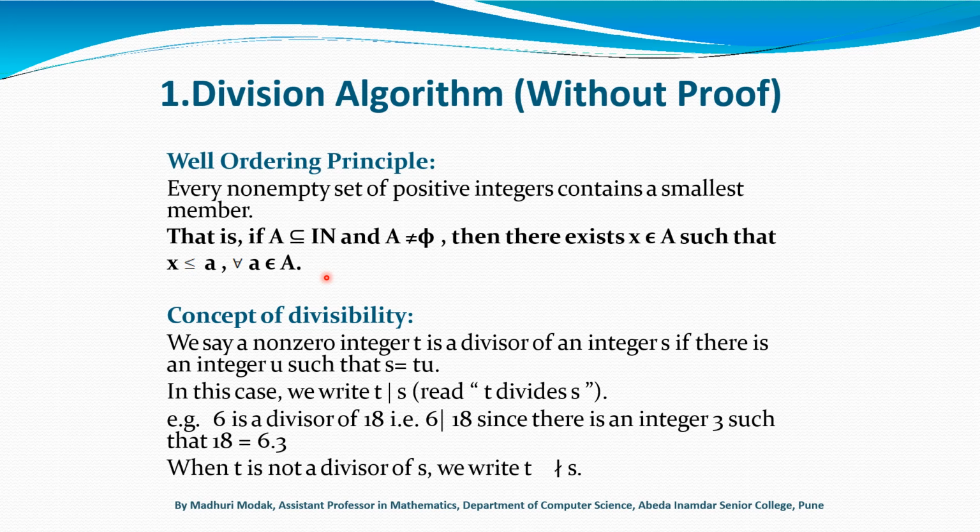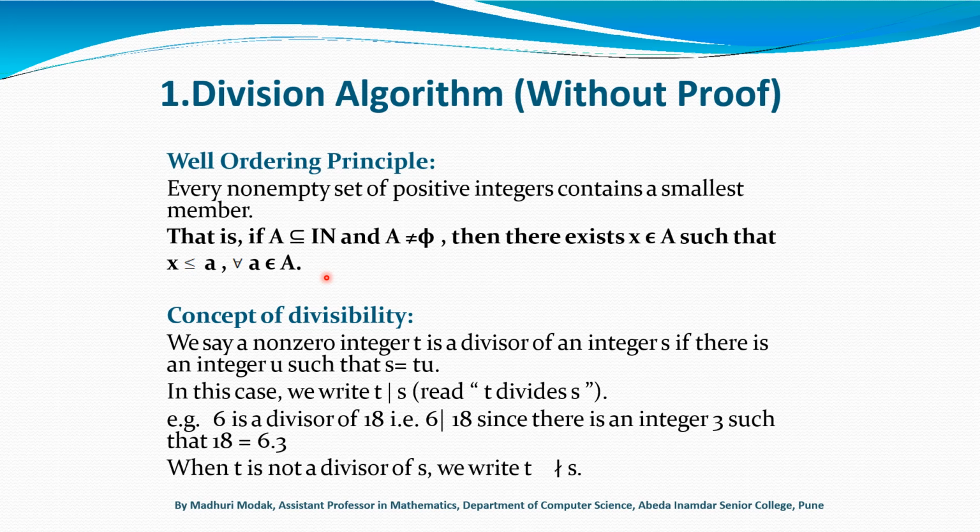Similarly, if I consider the set of odd natural numbers, that is 1, 3, 5, 7 and so on, again it is a non-empty subset of positive integers. And among all these members, 1 is the smallest member because 1 is less than or equal to all members of that set. So in this way, if I consider any non-empty subset of positive integers, meaning the natural number set, then definitely it contains a smallest member.